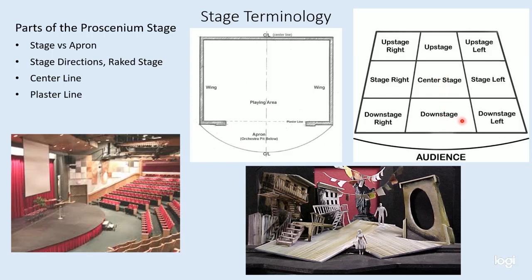Then you have stage left, based on the performer's left as they face the audience. So then you have downstage left, stage left center, and upstage left. Conversely, upstage right, center stage right, and downstage right. So we have these 9 quadrants that we can use to roughly define where things are in the space.